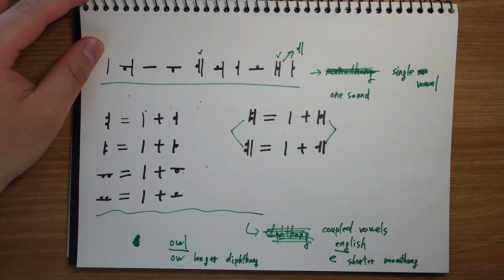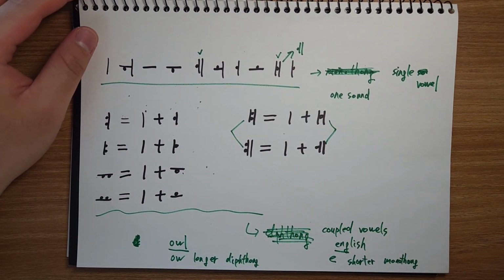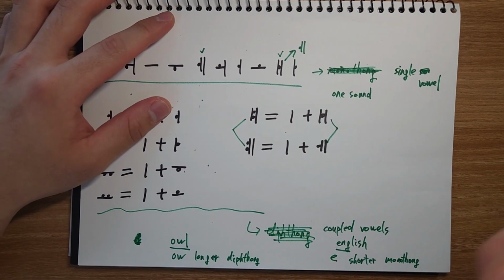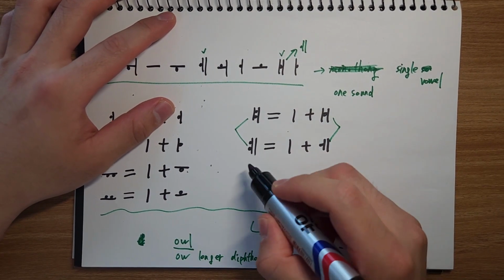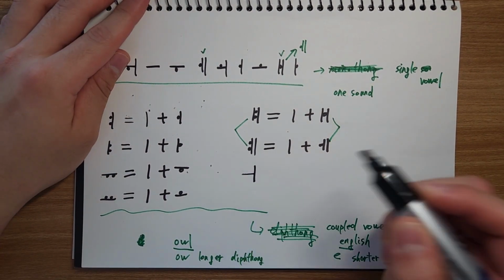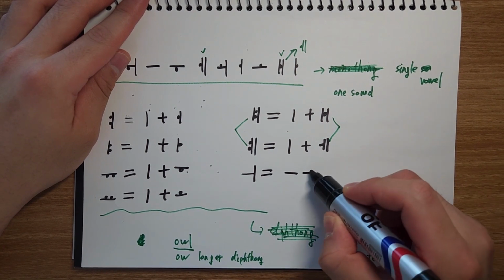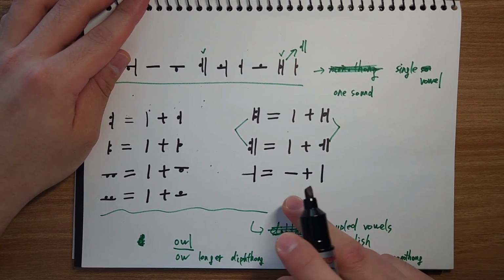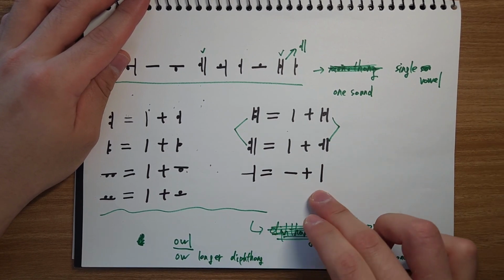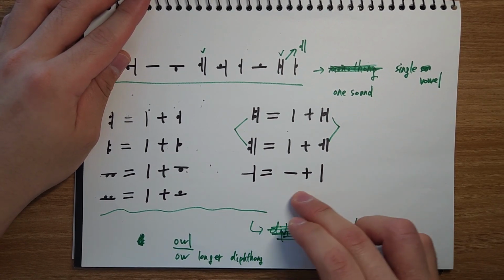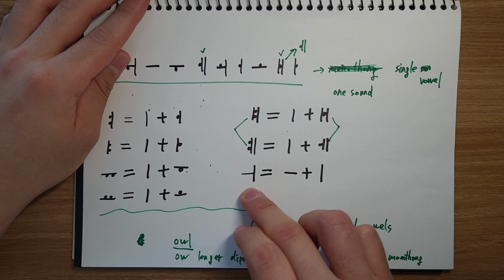Okay, I missed some of the diphthongs, so let me show you right now. There is this one, which is plus e, e, e.